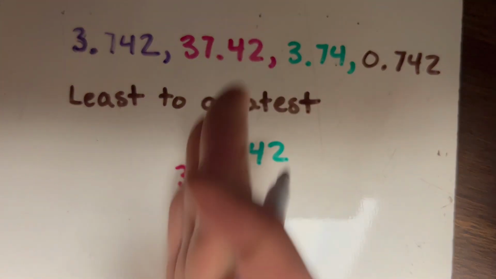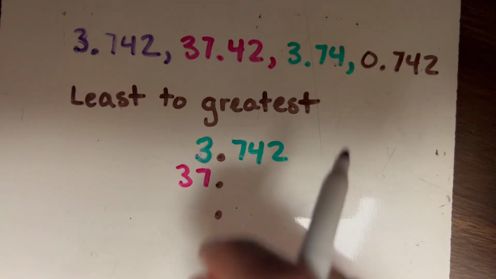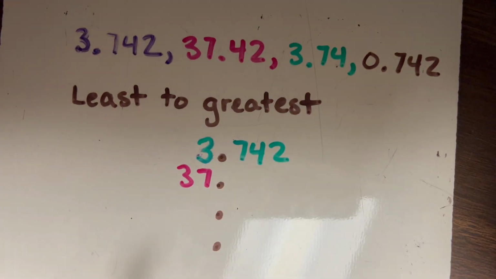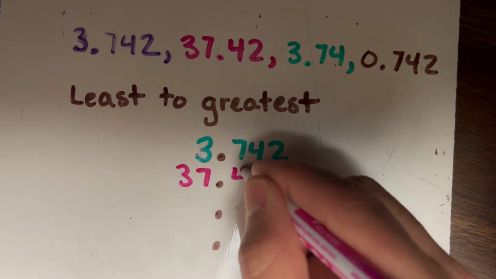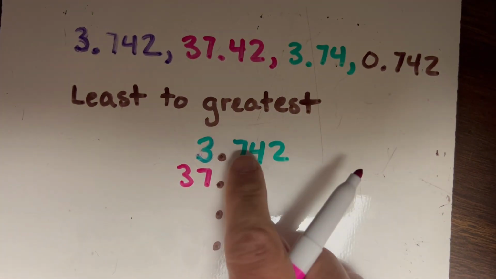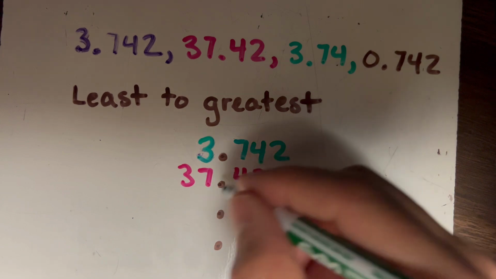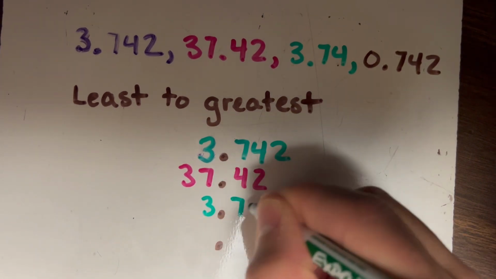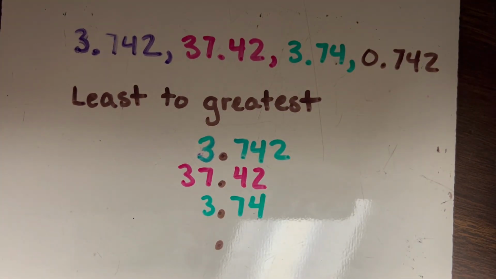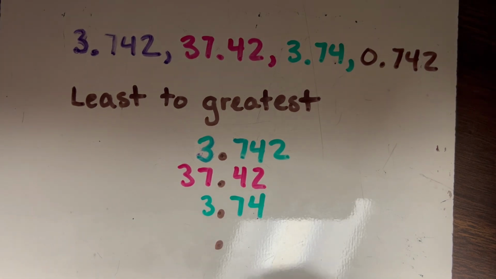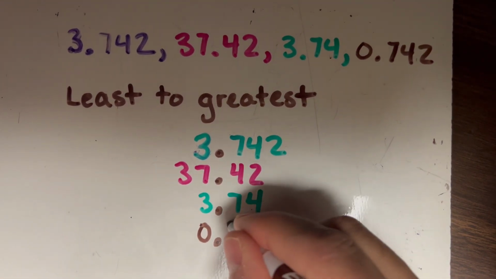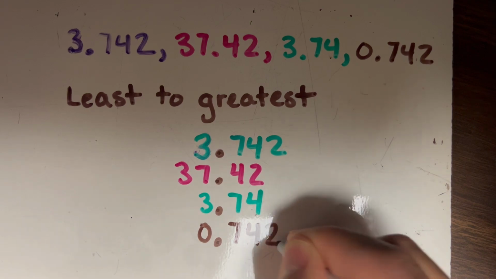So again, stacking these on a place value chart might work too, where you write the numbers underneath each other on the place value chart. And then the 4 goes under this 7, the 2 goes under that. Then I have 3 and 74 hundredths, so that lines up like that. And for my last one, it was 0 in the ones place and 742 thousandths.